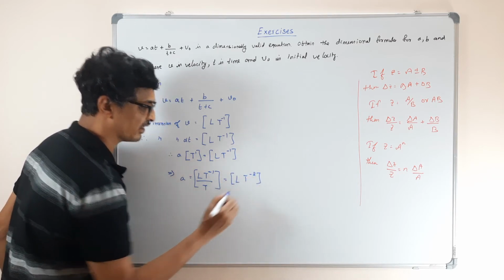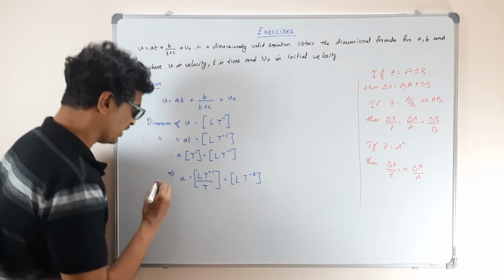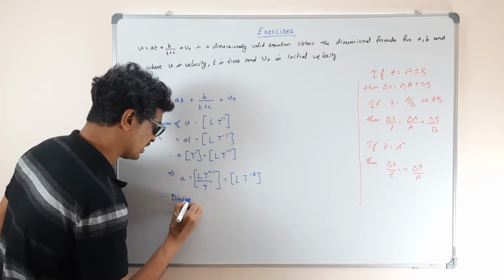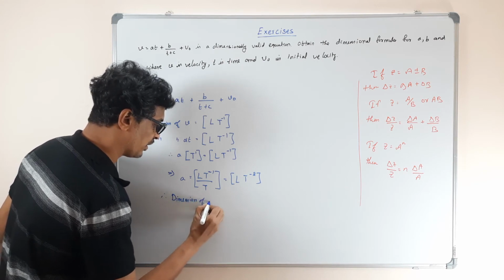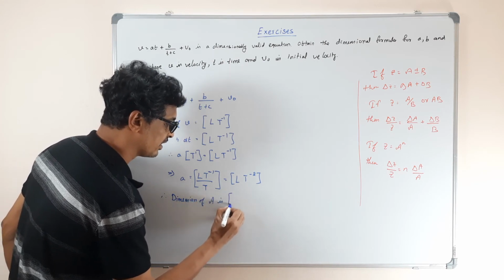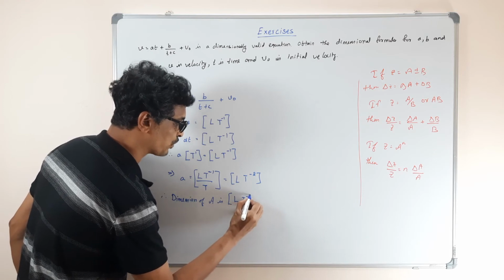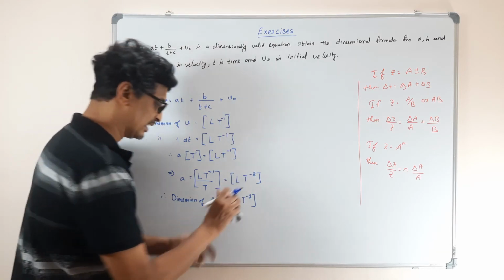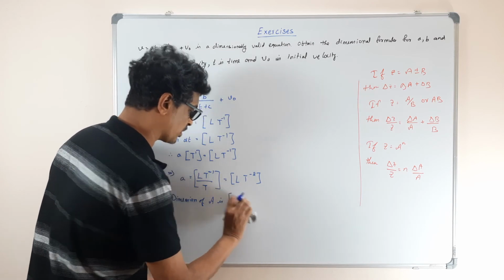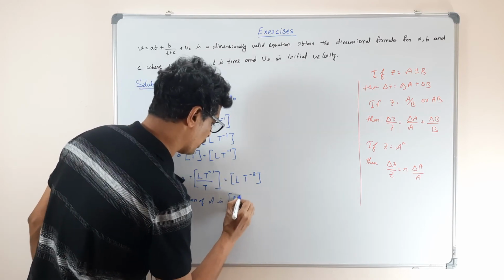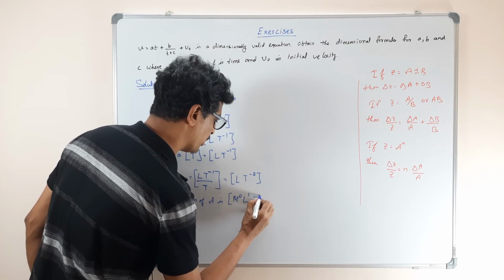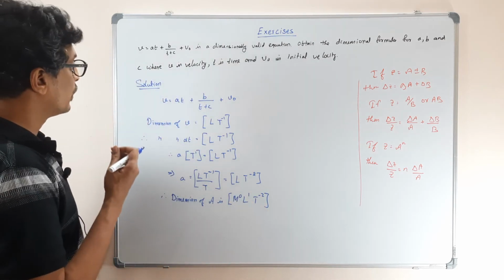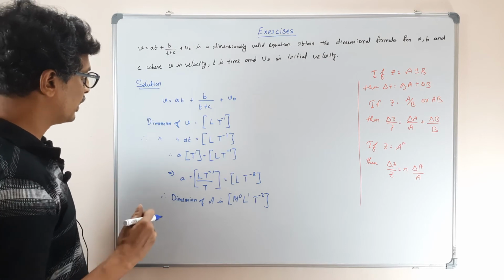That is acceleration. Therefore, dimension of A is LT minus 2. If you want to write them, you can write M to the power 0 also. Sometimes in the book, they write it as M0 L1 T minus 2. Okay. So now you got the dimension of A.